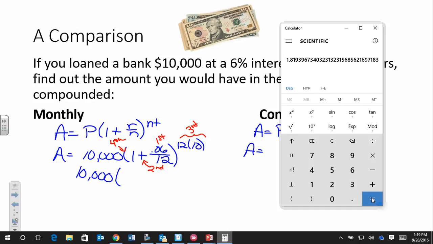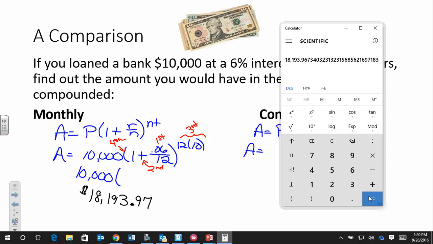And it doesn't hurt to hit an equal sign every once in a while in between. And then we take that times 10,000. Everybody who used their calculator get $18,193.97? Makes sense to round it to the hundredths place, right?